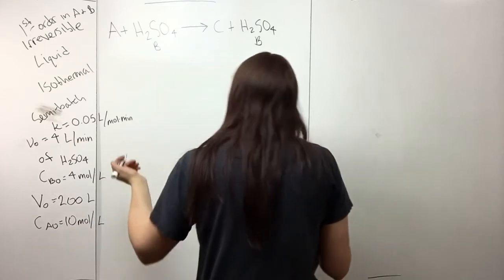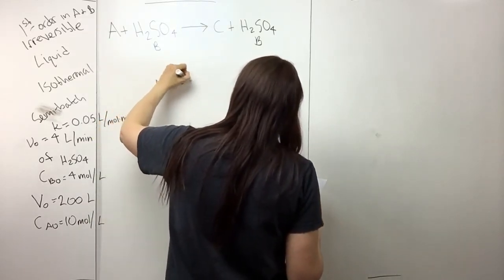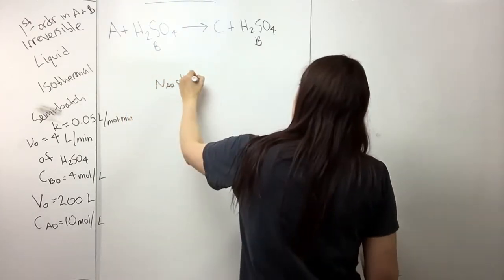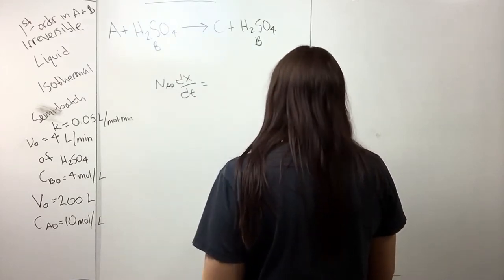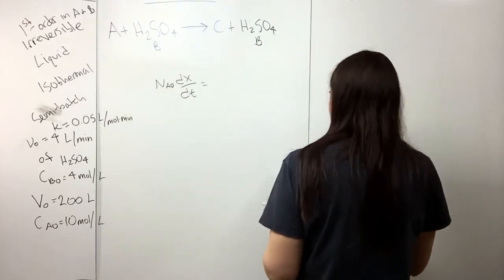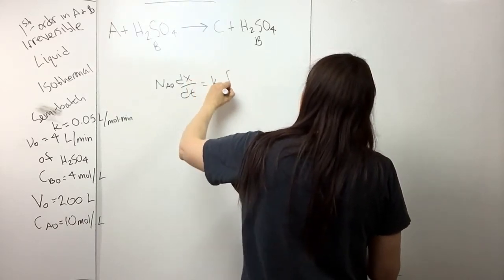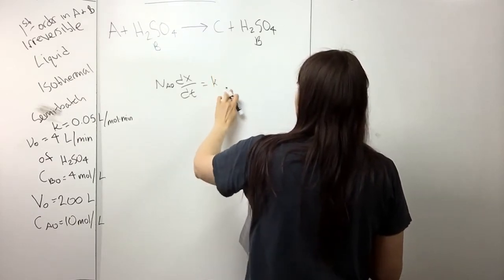Okay, so combining these, we have NA naught dx dt is equal to, and then we have the rate, so k. I keep forgetting that I'm just calling that k and not kA.